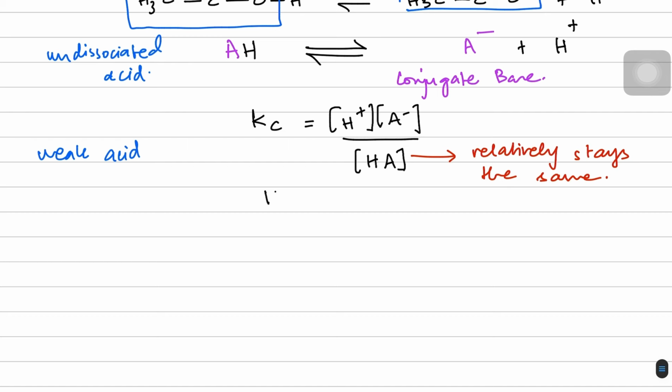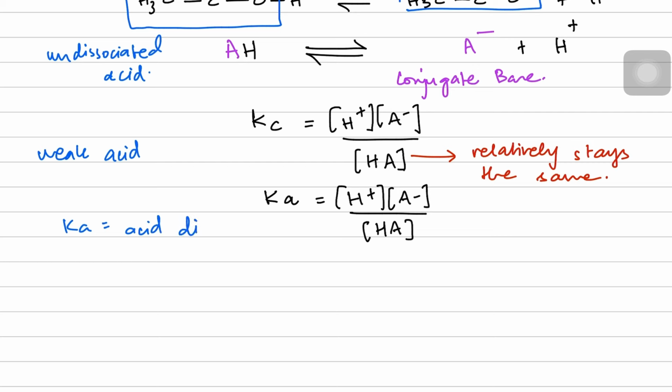That is why this Kc can also be called Ka. Now what's Ka? Ka here means weak acid or acid dissociation constant. So Ka is equal to the acid dissociation constant.